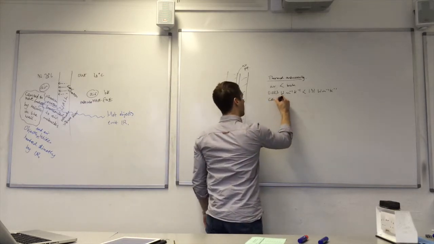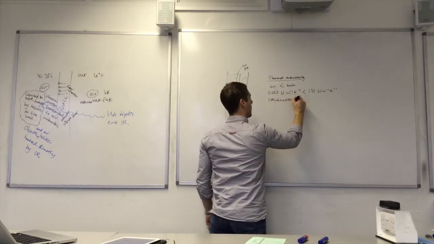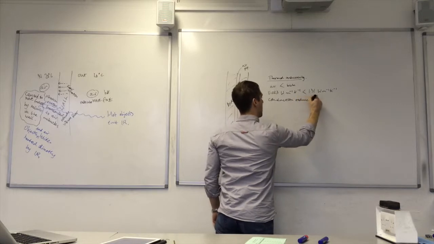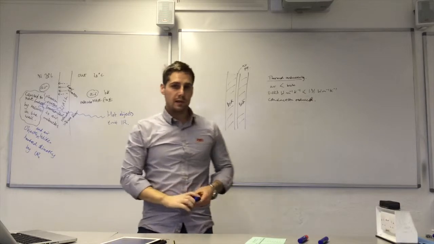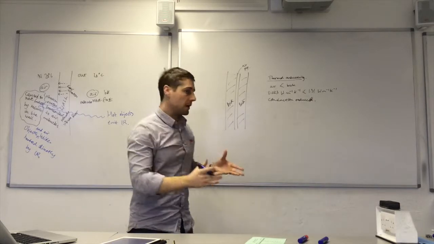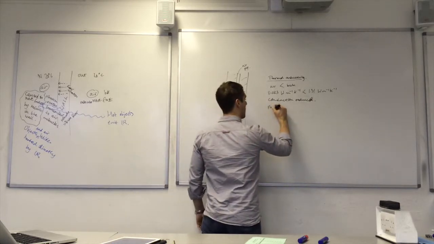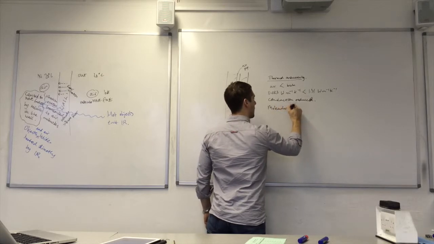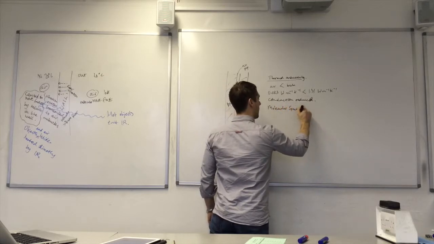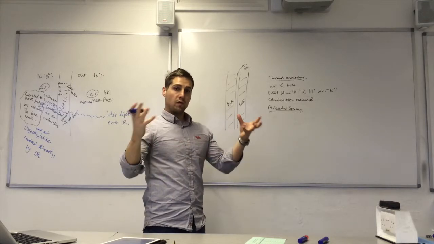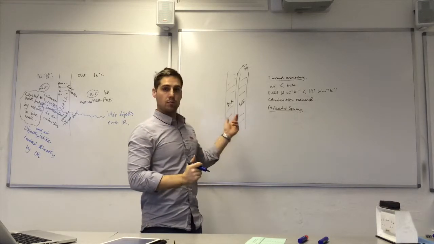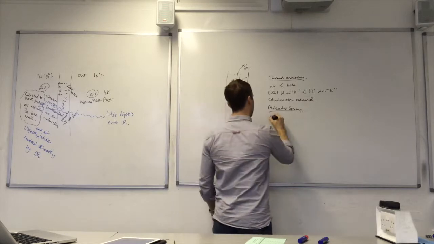So, the next thing which is important to say as well is to refer to the molecular spacing. Now, air molecules are more spread out than the molecules in brick.